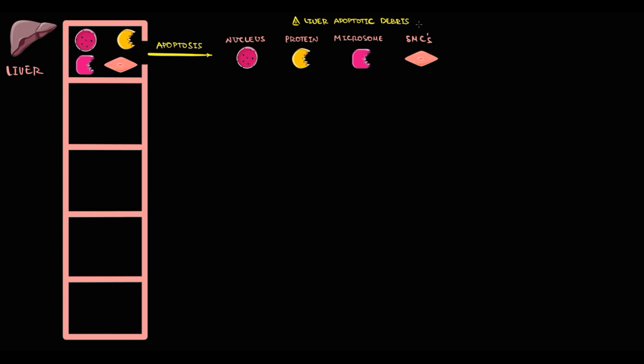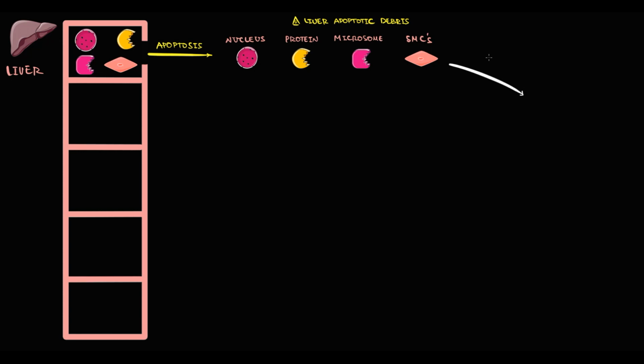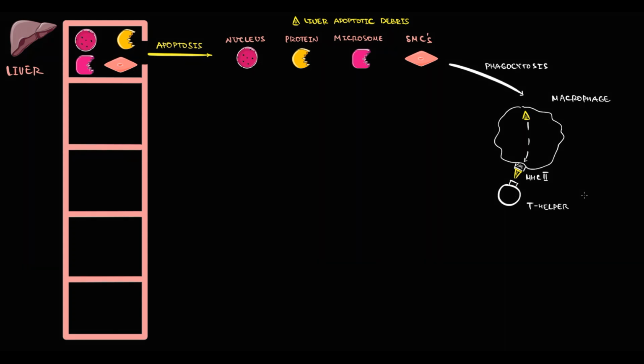Once hepatocytes release apoptotic debris, it undergoes phagocytosis by macrophages, and then macrophages present some parts of the apoptotic debris on MHC2 receptor to T helpers. The logic is that antigen-presenting cells want to know, is apoptotic debris normal material or is it something pathogenic?